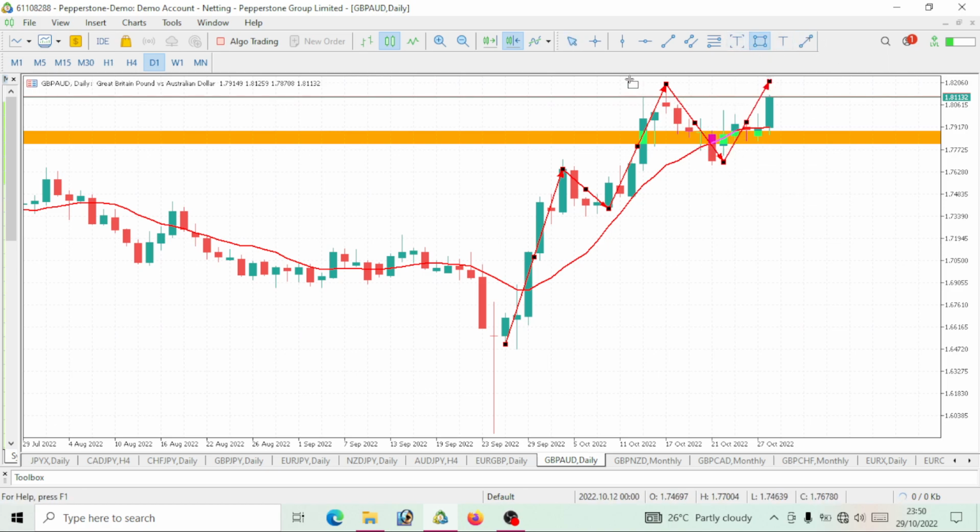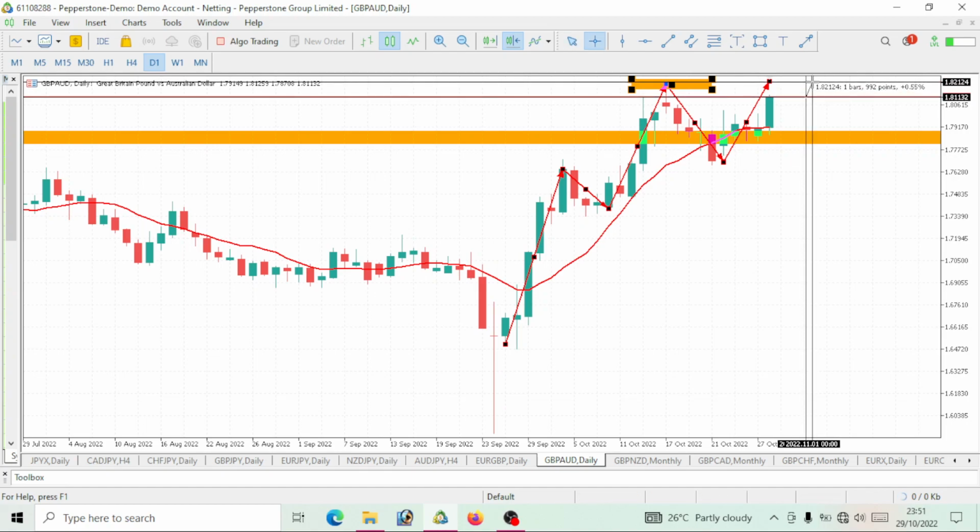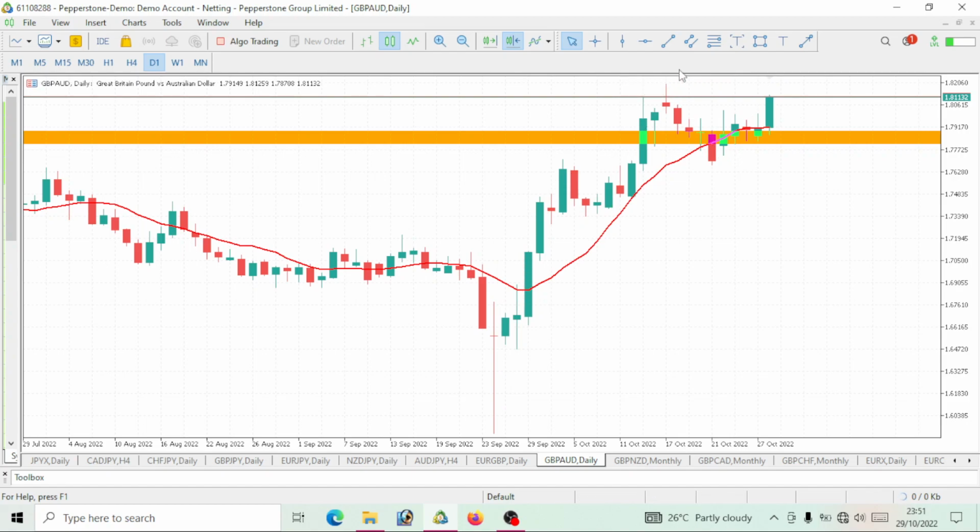So we expect this price to actually break this level, the previous higher high, which is a level of 1.82060. So from here to this level, our previous higher high to be broken, we still have close to about 90 pips. So we should be able to have that 90 pips bullish move for this week.